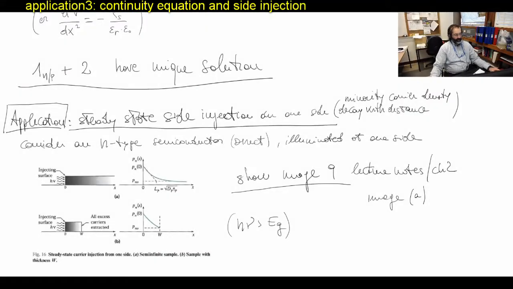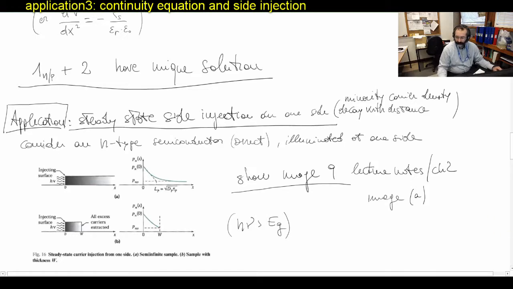The last application I wanted to discuss with you is the one related to the use of the continuity equation that we discussed yesterday during the lecture.